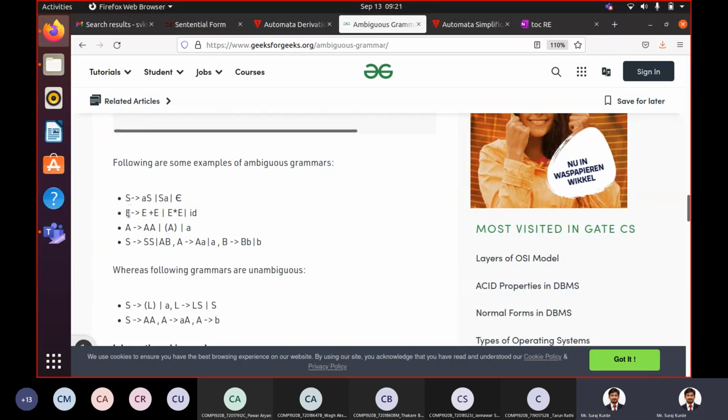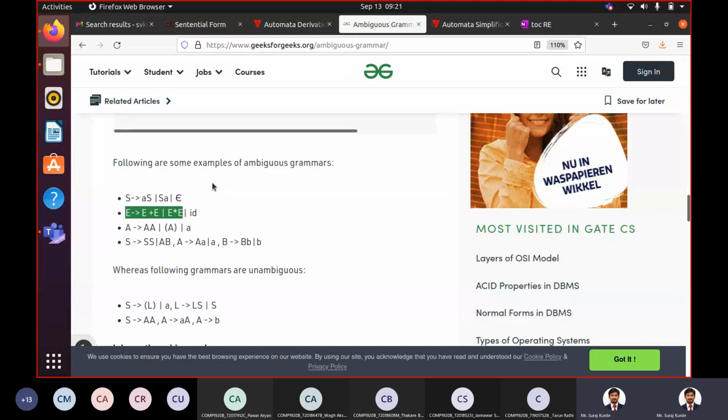Here you can see the symbol on the left hand side of the production rule, that is E, produces E plus E or E produces E into E. The symbol on the left hand side is capital E, as well as a symbol on the right hand side where the production is E plus E. In that case, the leftmost symbol or rightmost symbol is E. It is called recursion. The symbol on the left hand side of the production rule is present on the right hand side of the production rule, and it may be the leftmost or rightmost symbol.